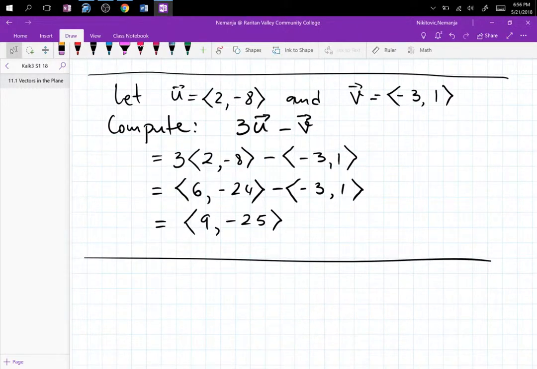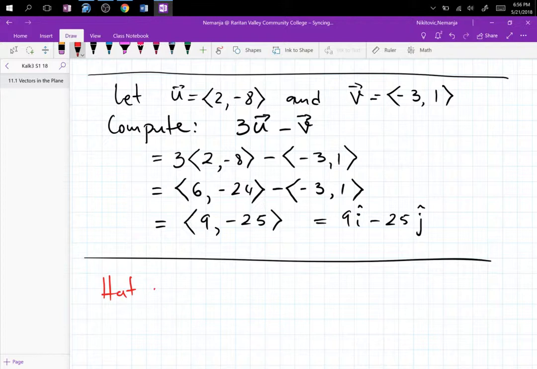Now we're going back to our talk about those i and j vectors that I mentioned briefly earlier. I can write this as 9i minus 25j, and I told you you put these little hats on top. So the hat notation, which is this little hat on the vector, denotes unit vector.